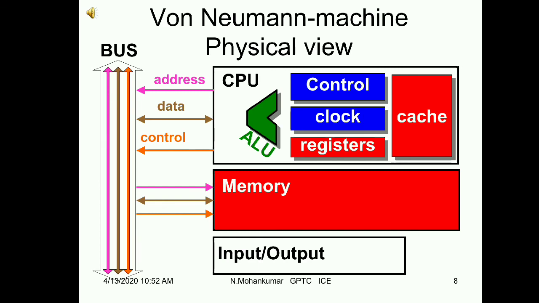The processor receives commands and data from the memory through the address bus, data bus and control bus. But how can you store the instructions and data in the external memory? For that you need an input device, a keyboard. Similarly, to see the output you need an output device. They are also connected through the address bus, data bus and control bus, along with the peripherals. So this is the architecture of the von Neumann machine.